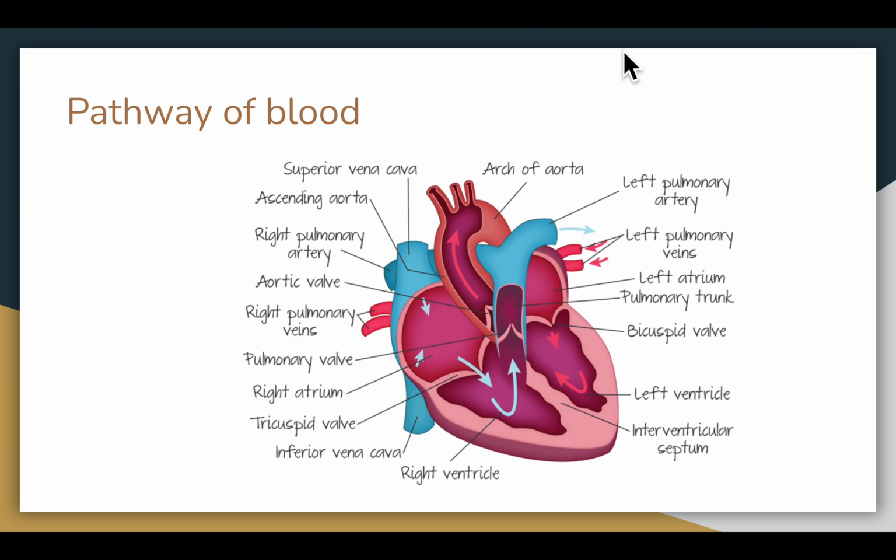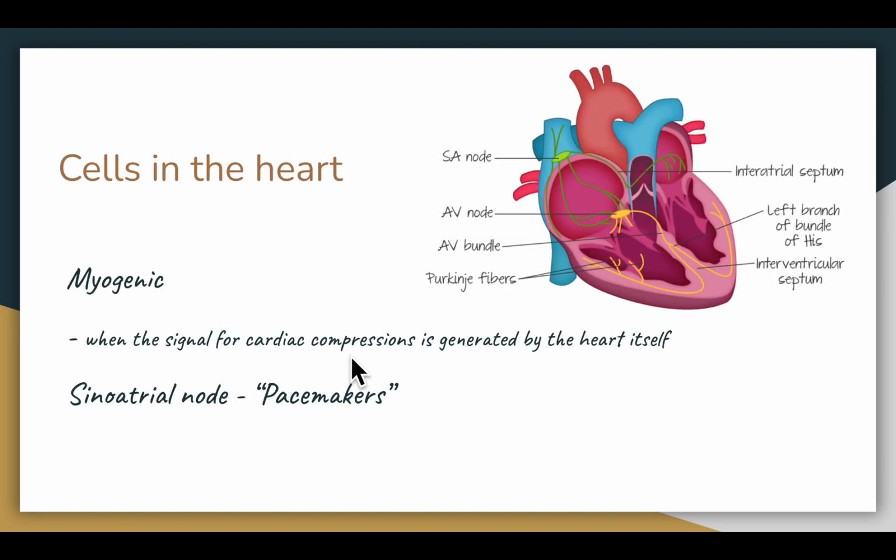So the cells in the heart are actually myogenic, which means that the muscles in the heart generate signals for contraction by themselves. And the sino-atrial node of the heart will generate these electrical signals that cause the atrium to contract. And then the signal gets passed through the interatrial septum to the atrioventricular node.